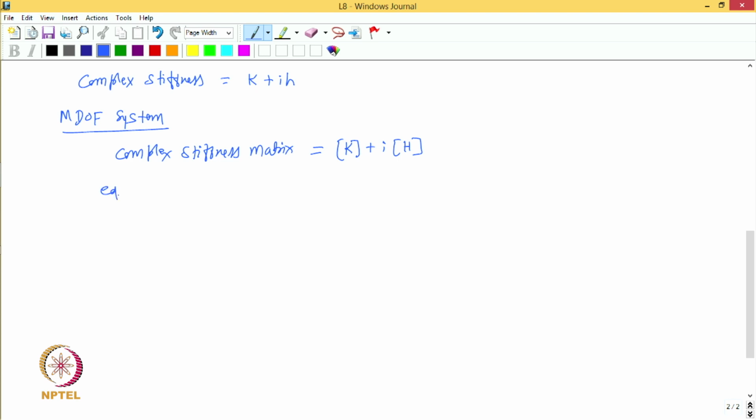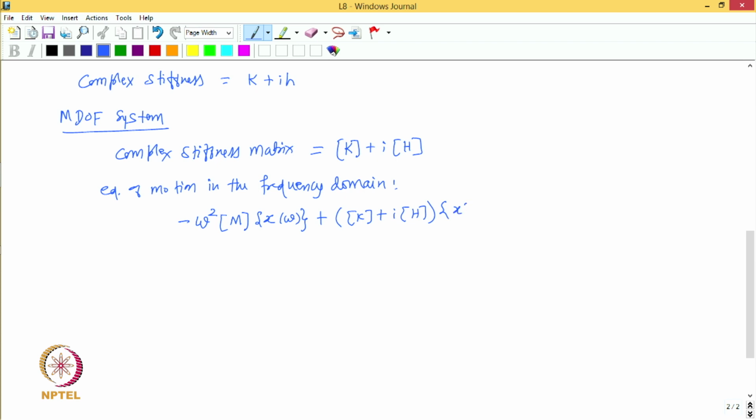The equations of motion in the frequency domain, by extending the equation we got for a single degree of freedom system, can be written as minus omega square M x of omega plus the complex stiffness matrix, K plus iH, times x of omega, equal to f of omega.